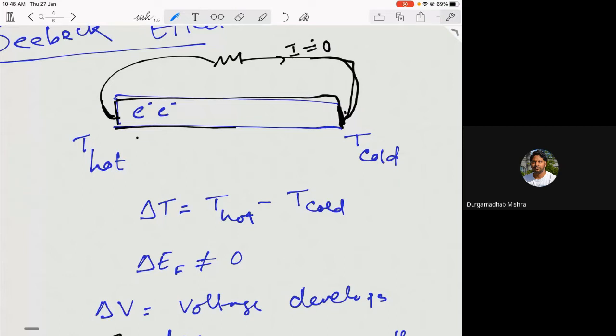It will be proportional to the temperature difference, which you normally calibrate, and then you can say what the temperature of the hot surface is.